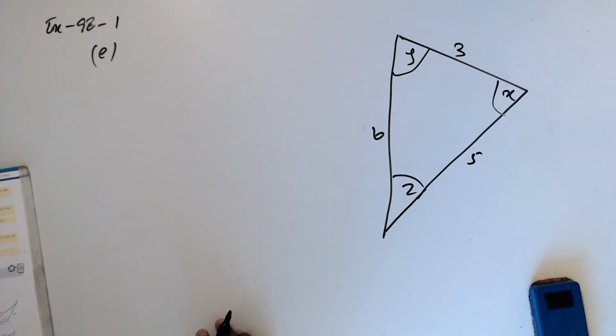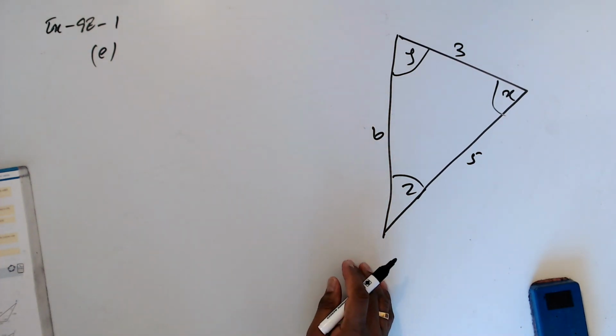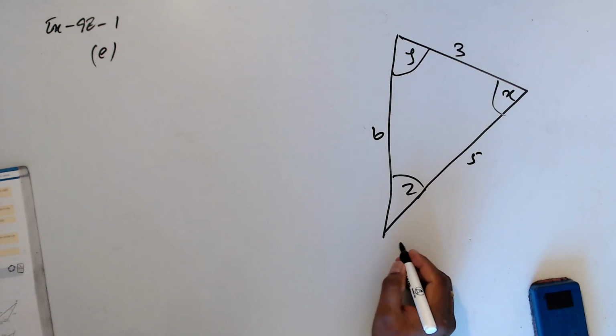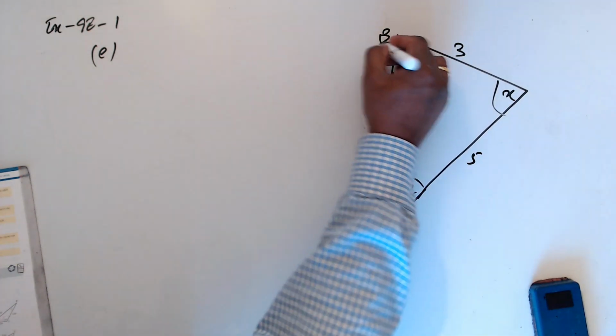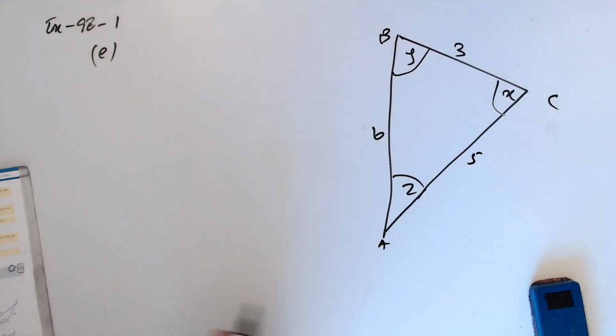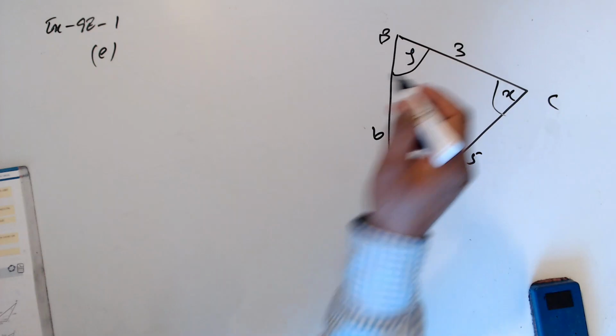Question number E. When I look at the plan, this is ABC. There are no angles, so we can't use the sine rule. Then what is the next one with the angle and relationship with the sides?